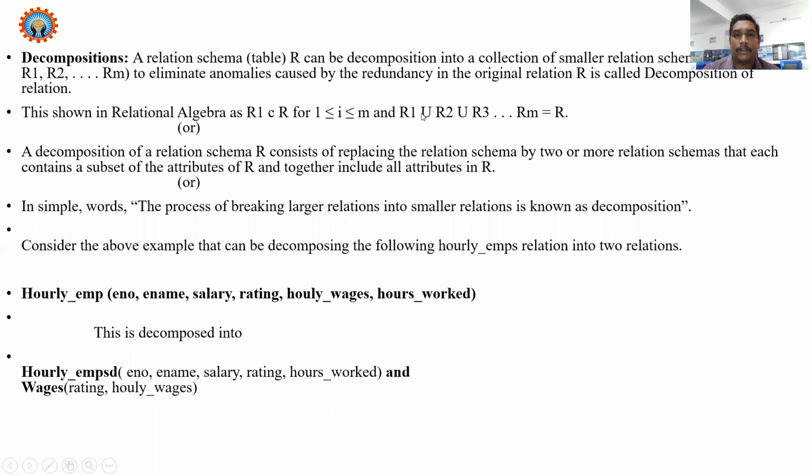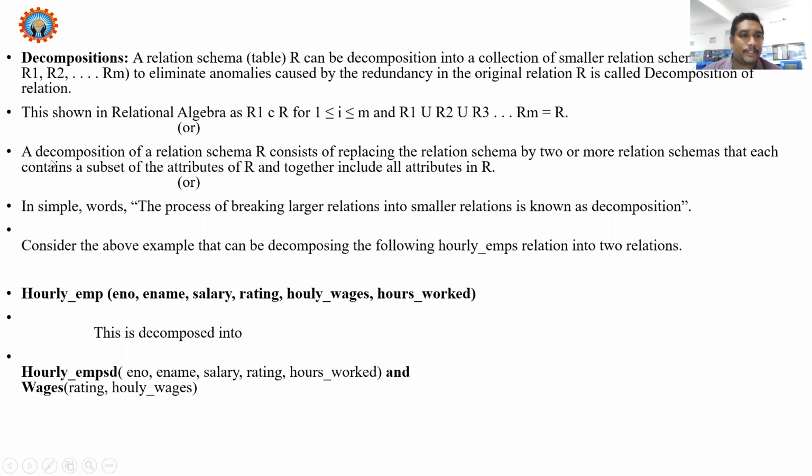And R1 union R2 union R3 and so on up to Rm, the combination of the divided attributes, is equal to capital R. That is, if you combine these relations, we get the original relation. This is one representation, this is one definition, and this is another definition.